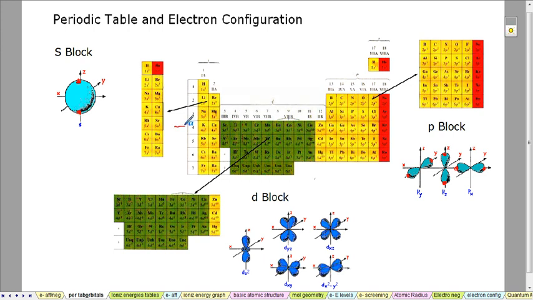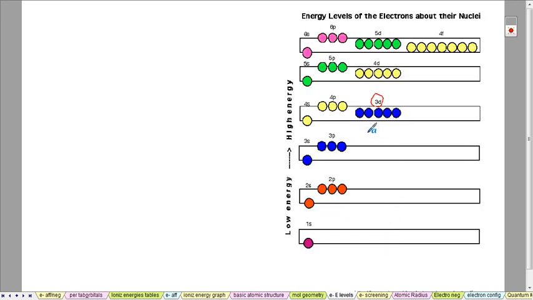So it's on the 4th energy level, but the first set of transition metals all in here, their outermost d block electrons are in the 3rd energy level. So it turns out that the 3d orbitals in terms of energy actually come between the 4s and the 4p's.